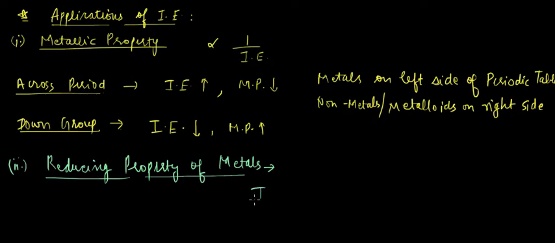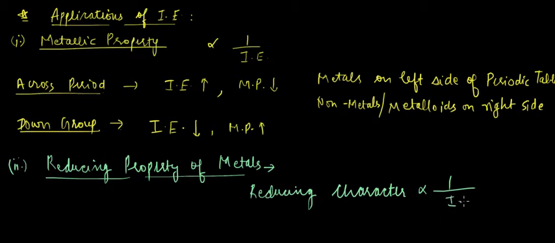So we can write that the reducing character is actually inversely proportional to the ionization energy of the metal. More the ionization energy, lesser would be the reducing character.